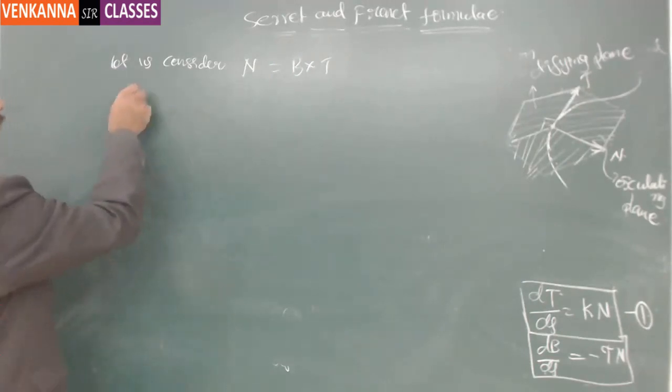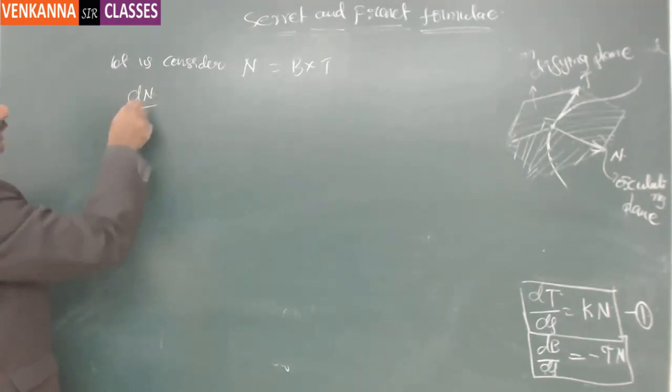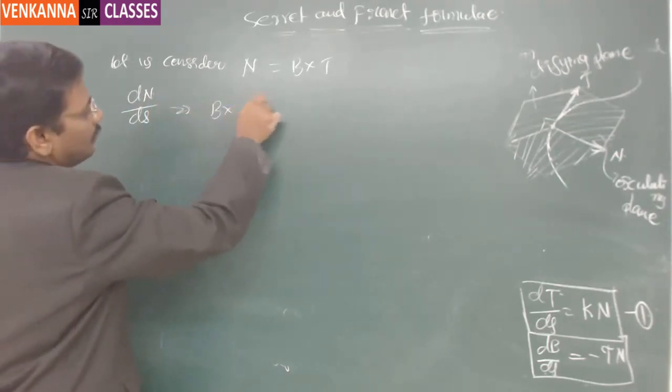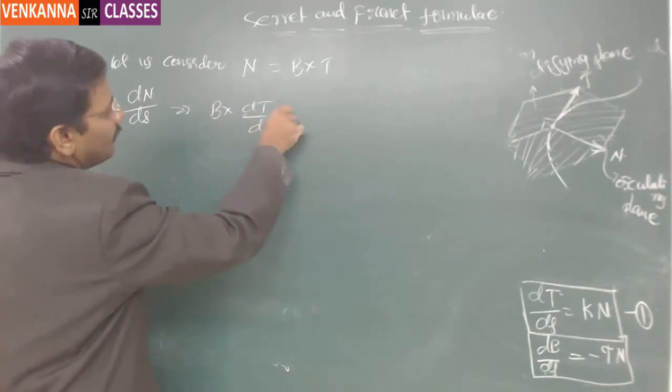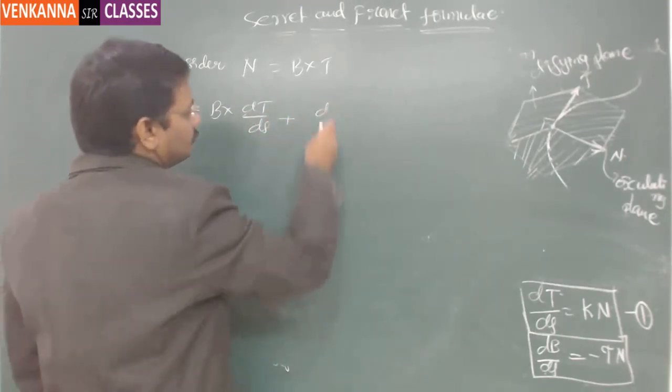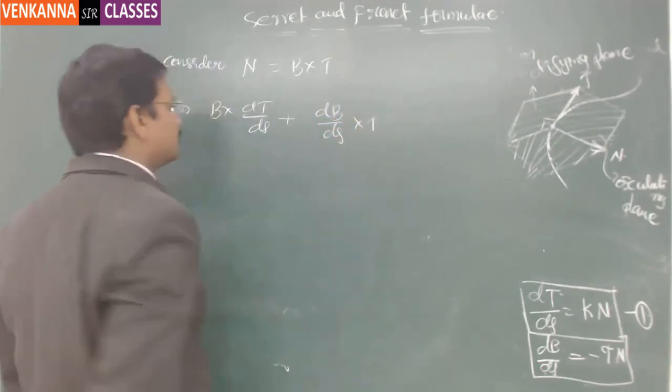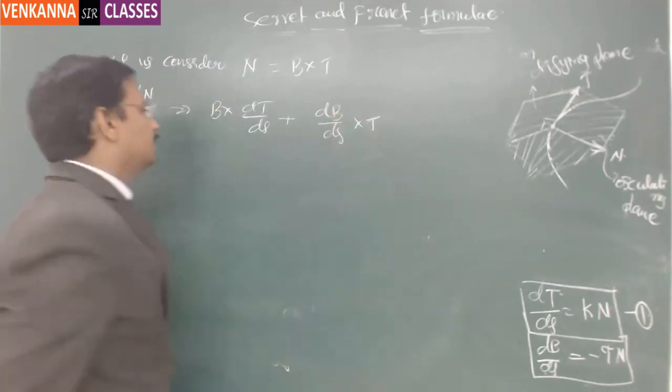Now, if you take the derivative with respect to s, dn/ds is b cross dt/ds plus dB/ds cross t. So this is the cross product derivative.